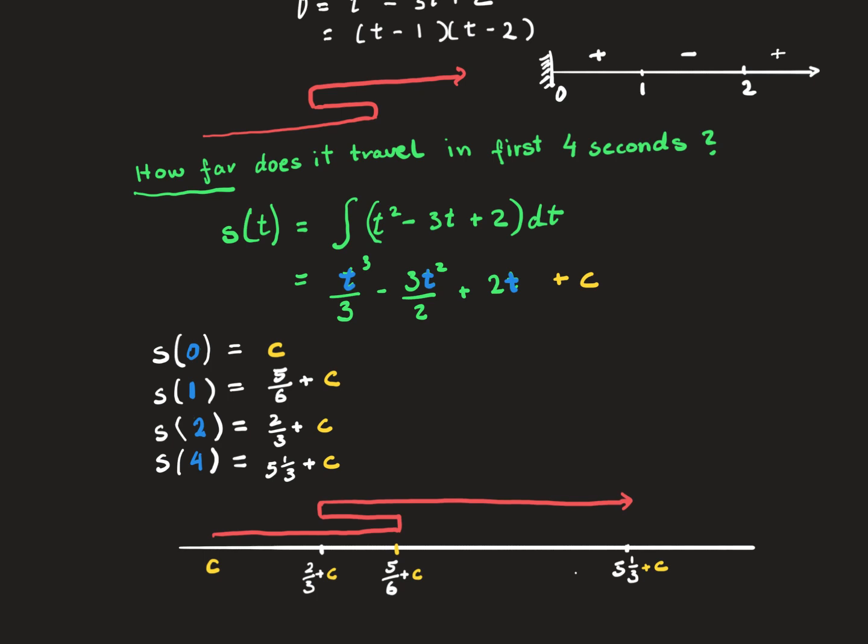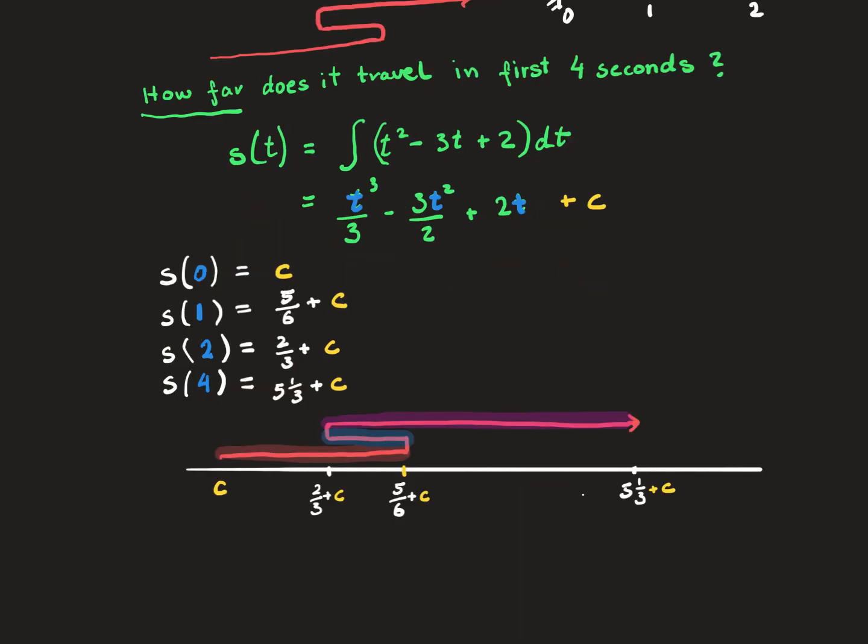To find the total distance traveled, we'll need to calculate the distance from c to 5 over 6 plus c. Then we'll need to calculate the blue distance going left, and then the distance from there to there.